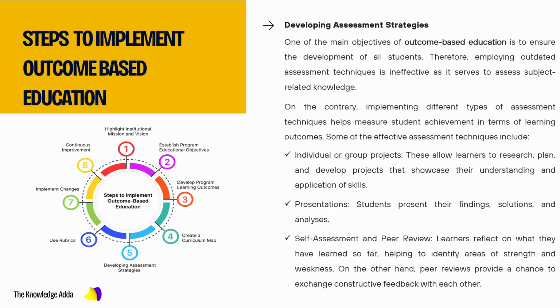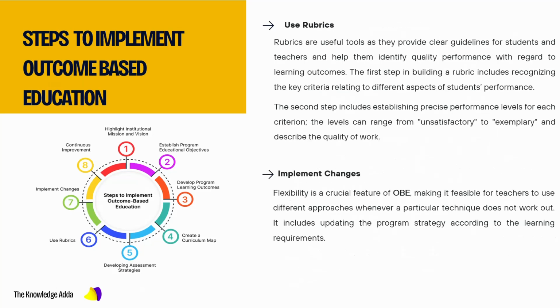Like we can provide individual or group projects. Also, we can take presentations of a student and also self-assessment and peer review. So basically, these types of methods can improve the performance of a student, and also the teacher can measure how much knowledge or how much outcome students are getting.